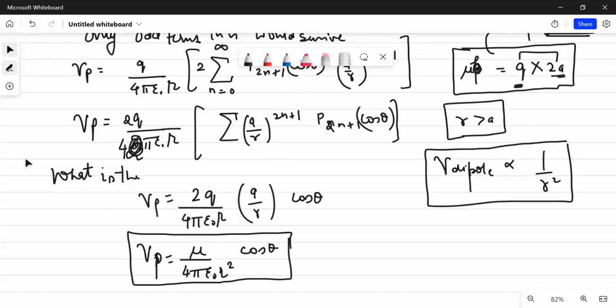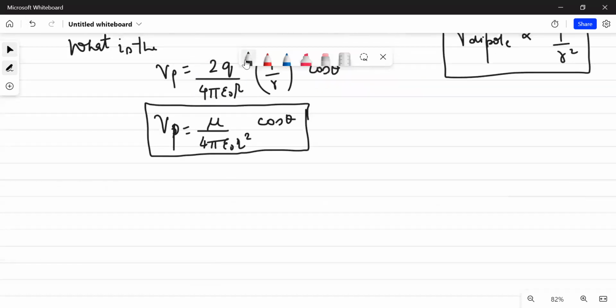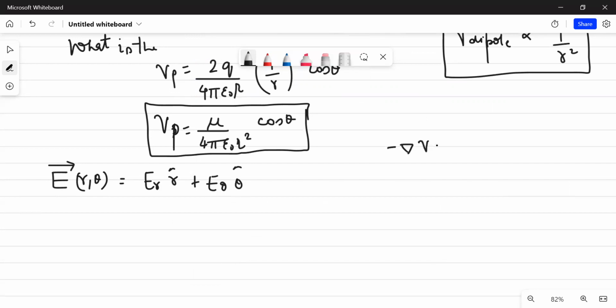And subsequently, I'm not going to derive it. I'm just going to give you a direction that if one needs to find the electric field, the electric field would be dependent upon r and theta, and I can write it as E_r r cap plus E_theta theta cap, and this can be readily found by just doing the grad of V. I'll just write what the electric field would be.